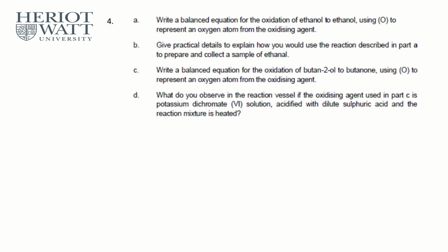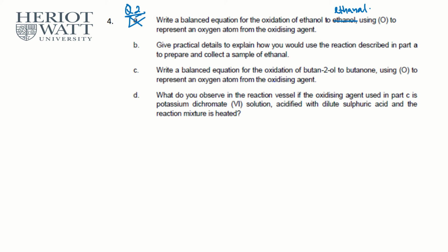And look at number 4. 4A. Write a balanced equation for the oxidation of ethanol to ethanal, using the O to represent an oxygen from the oxidizing agent, which we have done in question 2, so I'm going to skip this. Part B, refer to question 2. So give practical details. Explain how you would use the reaction described in part A to prepare and collect a sample of ethanal.